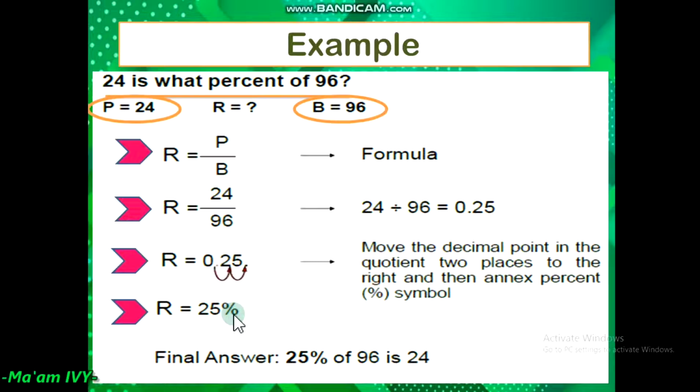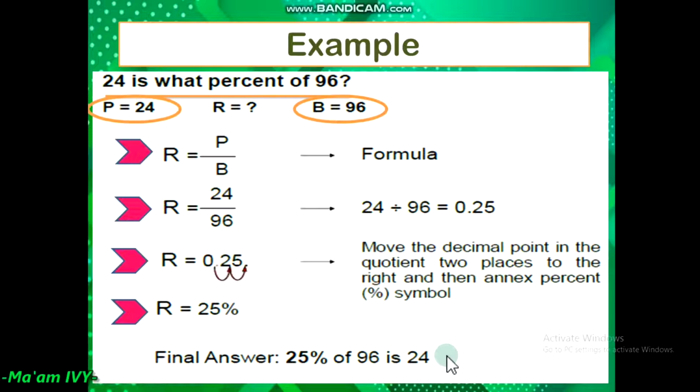So we got the answer. R, or rate, is equal to 25%. After moving 2 places to the right, 1, 2, we write the percent symbol. That is why our answer is 25%.